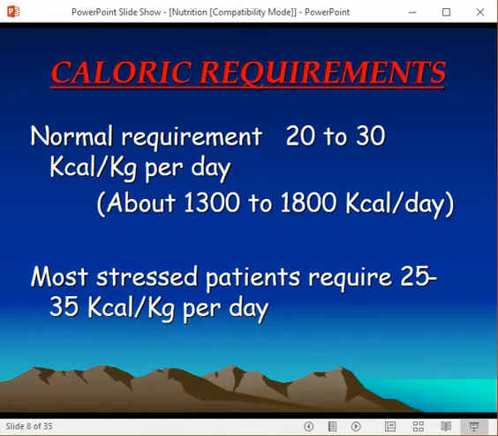Now, what is the calorie requirement? The normal requirement is 20 to 30 kilocalorie per kg per day, and this ranges from 1300 to 1800 kilocalorie per day. In most stressed patients, the requirement is increased, so it is now 25 to 35 kilocalorie per kg per day.